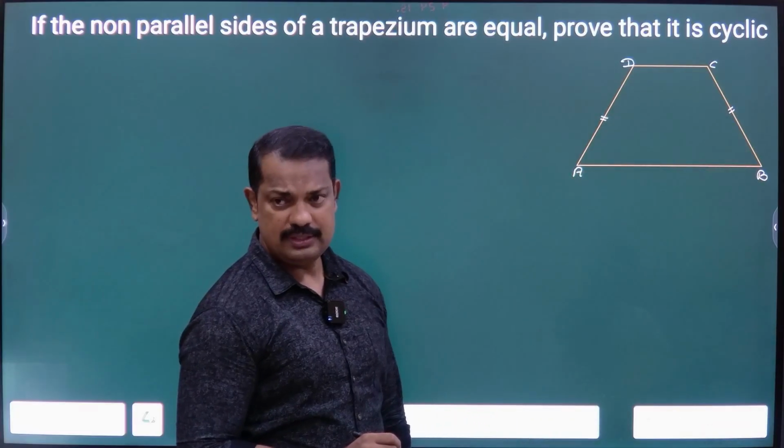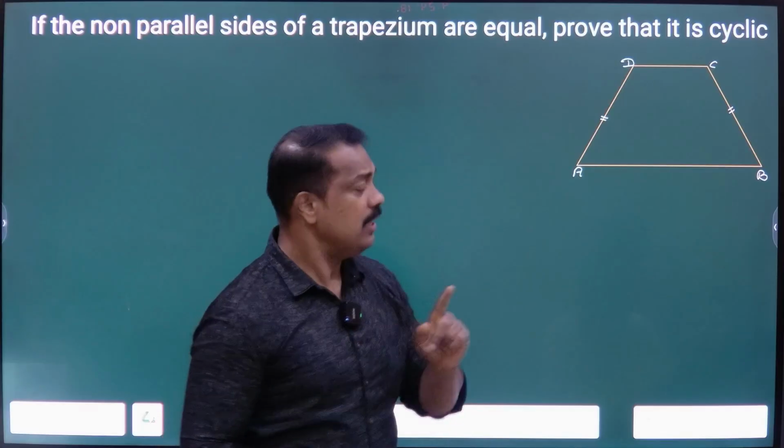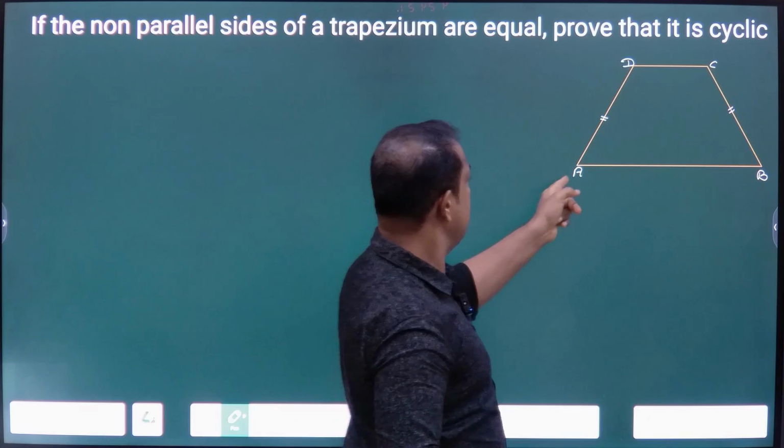And another given in the question: the non-parallel sides are equal, means AD is equal to BC.